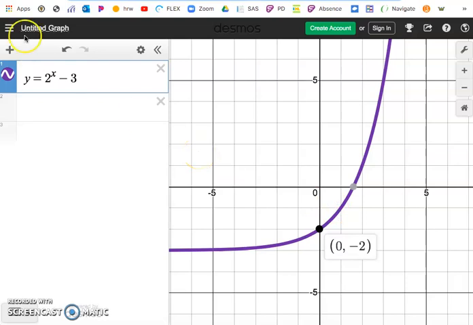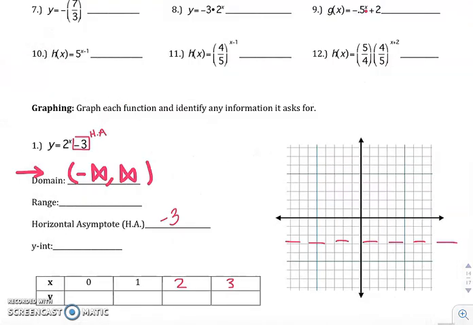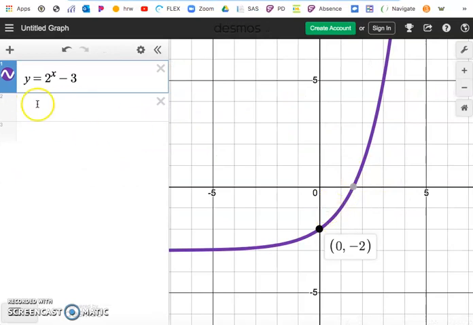I'm just going to go back and write those down. Then you want to look at 2 and 3. At 2, go over to the x value, go up to 1. And then at the x value 3, you get 5, so 3, 5.